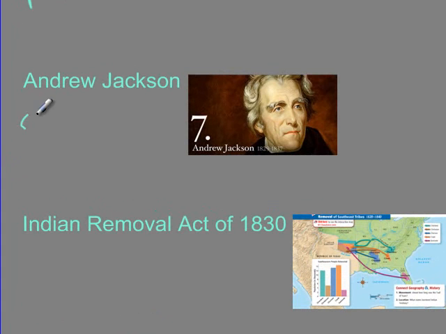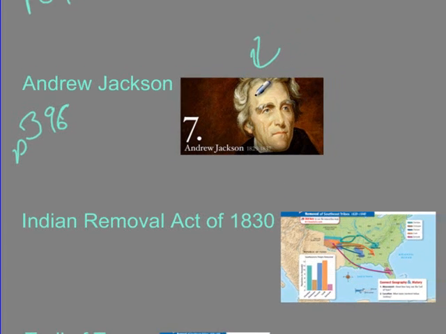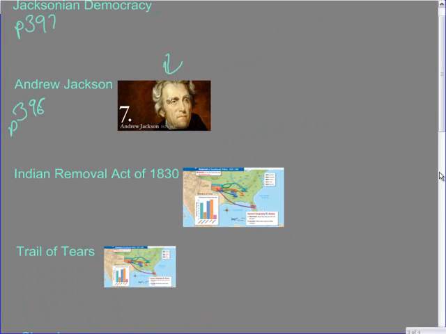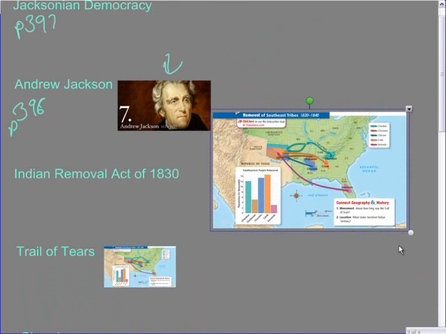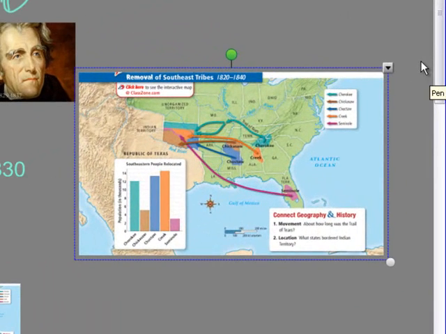Looking at Andrew Jackson on page 396, just a page before, this is Andrew Jackson right here, the 7th President of the United States. Some big key events that happen in his presidency have to do with Native Americans. There are a lot of Native Americans living in the southeast region of the United States, in Tennessee, Alabama, Mississippi, Georgia, those current day states.